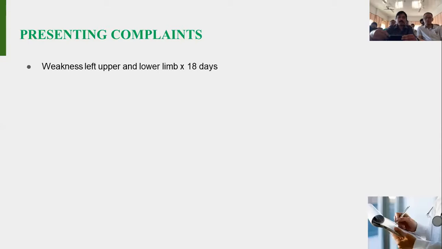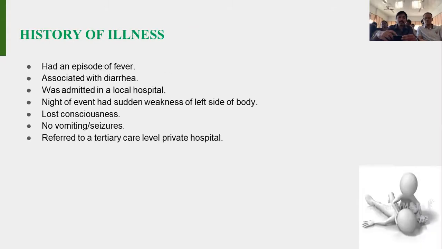He presented to our department with weakness of the left upper and lower limb for the past 18 days. It started as an episode of fever, which was associated with diarrhea, and he was admitted for the same in a local hospital.